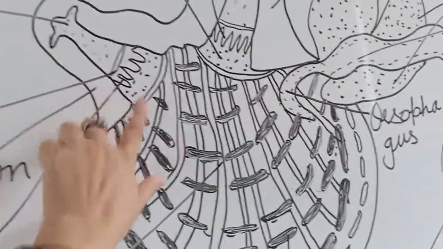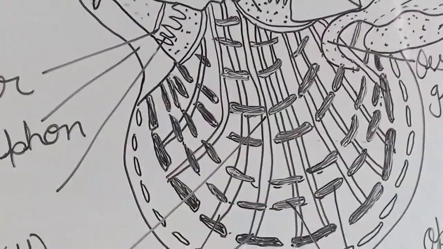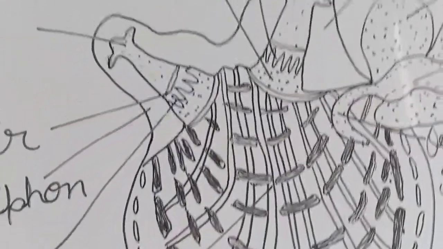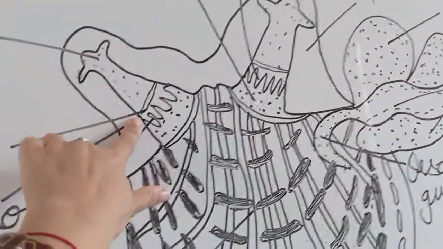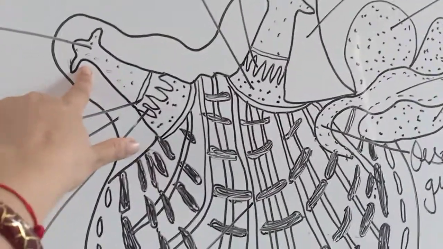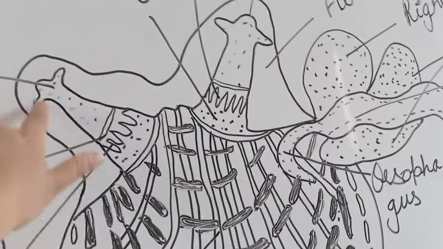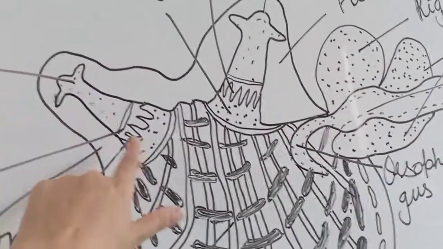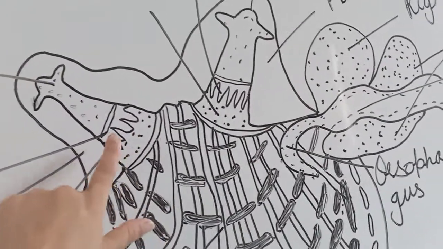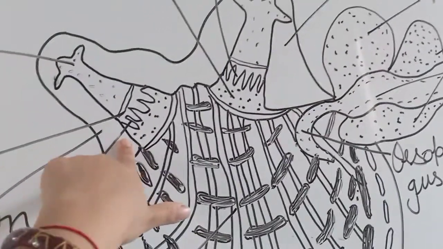If there is no food inside it and no water is available, then these sphincter muscles open the mouth. Then water enters through the mouth. It enters inside the body of this animal.